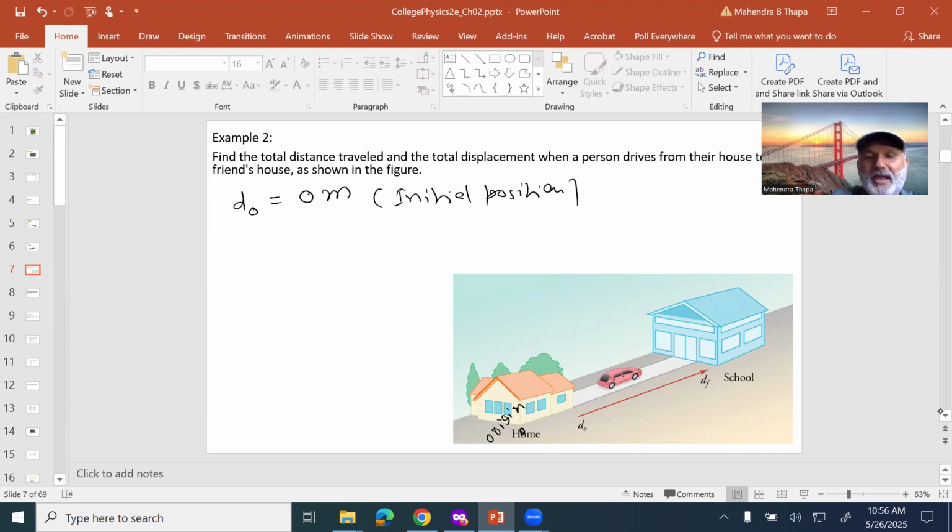I consider home as the origin of the coordinate system. Now, the person drives from home to the friend's house. The final position is, say for example, 1,000 meters. This is the final position.